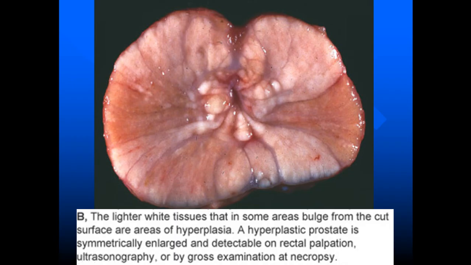In the case of prostate hyperplasia, the lobes of the prostate will be symmetrically enlarged, and we can easily detect the enlargement by palpation. Even in the case of dogs, we can easily detect the enlargement of the prostate by using ultrasonography.